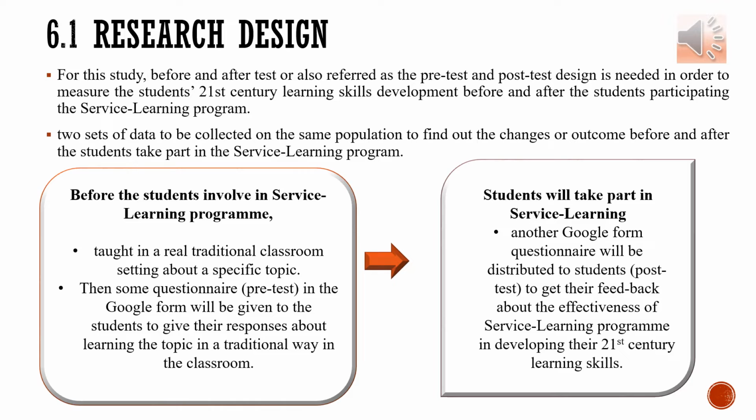Then the same topic will be used to conduct a service learning project. Students will be involved in several activities in this mini service learning project, such as planting plants, gathering information on different types of plants, and what are the important things needed by the plants in order to grow and produce oxygen.